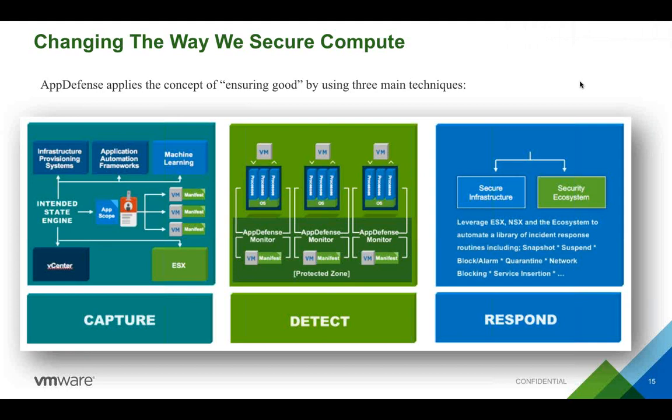AppDefense is a system where we actually have an agent for your virtual machine. And what we've done with AppDefense is we have created a protected zone within the hypervisor, right? And we have the VM monitoring that is running in the hypervisor that monitors that protected zone where we create the manifest for the virtual machine, with the manifest that the virtual machine has in the guest agent.